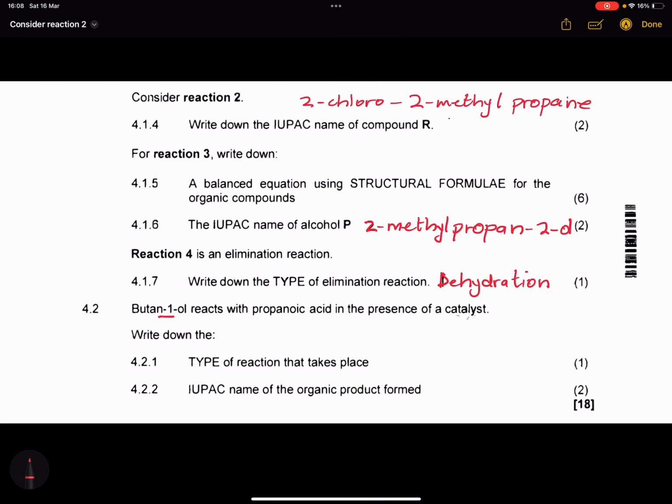Remember, anytime we take an alcohol with a carboxylic acid, we are going to form an ester, and we do that in the presence of sulfuric acid as an acid catalyst. Now they say write down the type of reaction that takes place. That's definitely esterification.